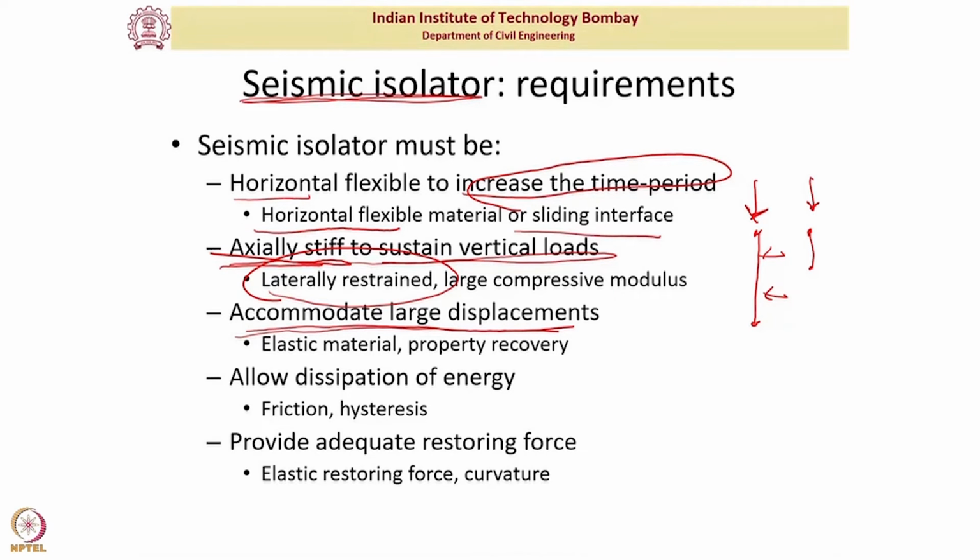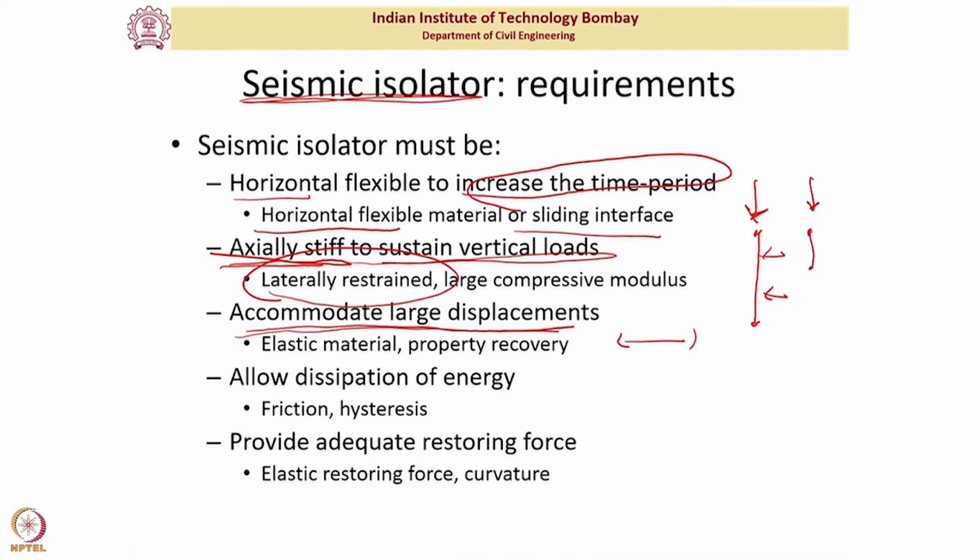Some of the materials have that kind of property, like recrystallization, especially lead in the lead rubber bearing. Now we also want damping, because we don't want too much displacement. Otherwise, it would lead to a pounding effect on the next building, or instability.